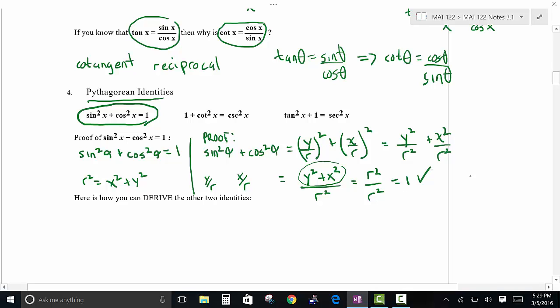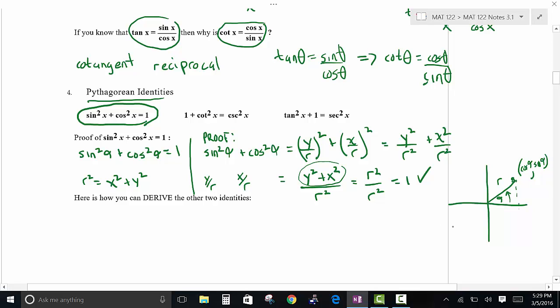The other way to look at this is if you looked at this on a unit circle, it's a nice way to look at this. So basically, if you have any angle alpha on a unit circle, the x value is the cosine of alpha, and the y value is the sine of alpha, then this is r, so it really follows straight from the Pythagorean theorem.